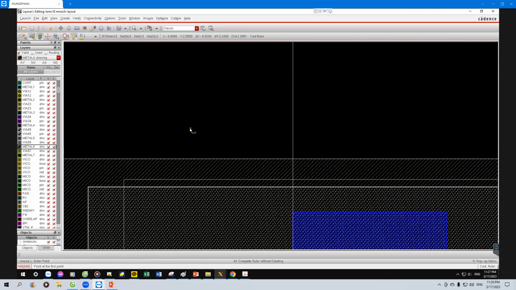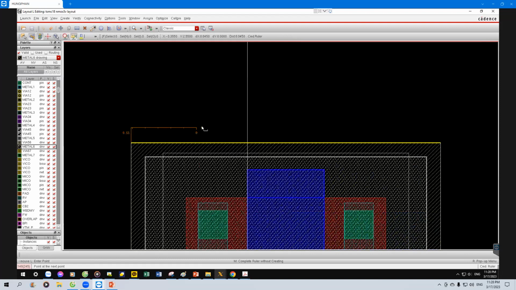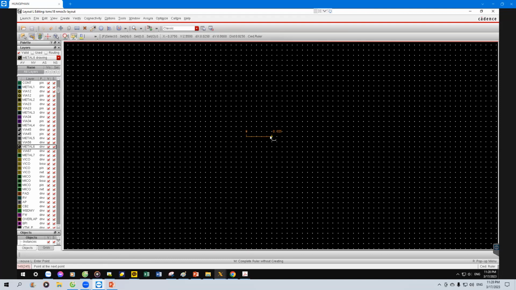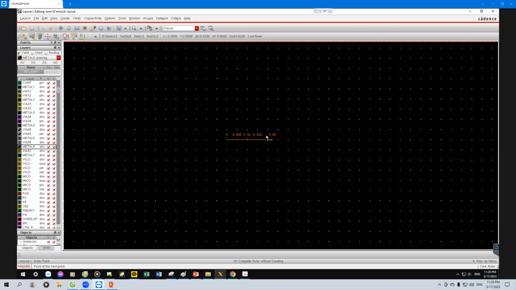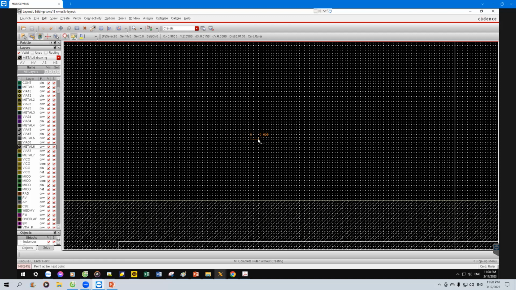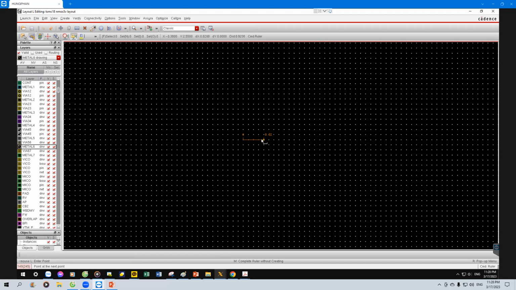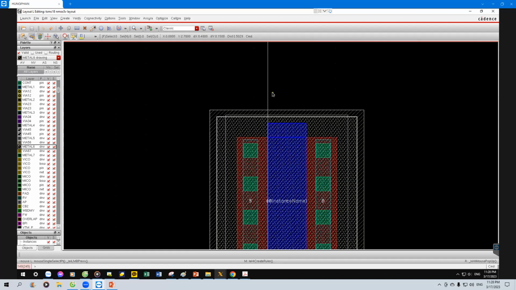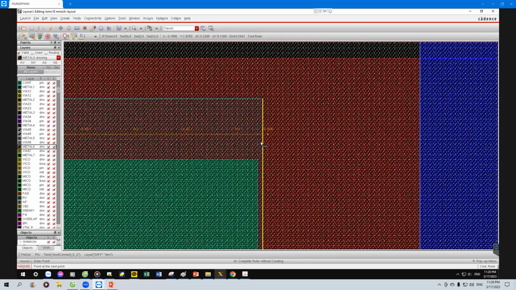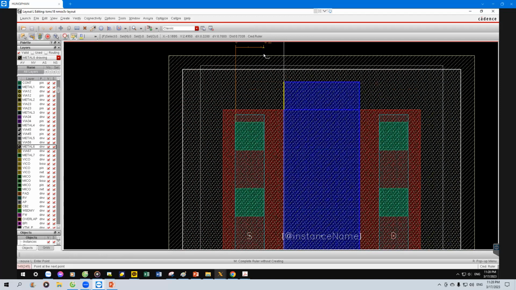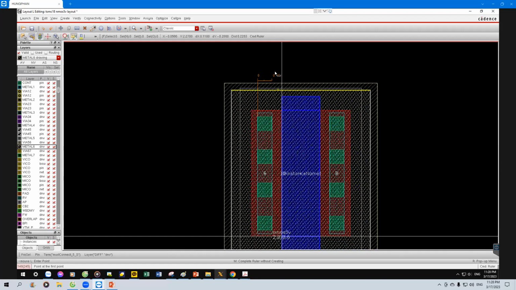So you see, here is in micrometer. Here should be millimeter. Yeah, in micrometer.